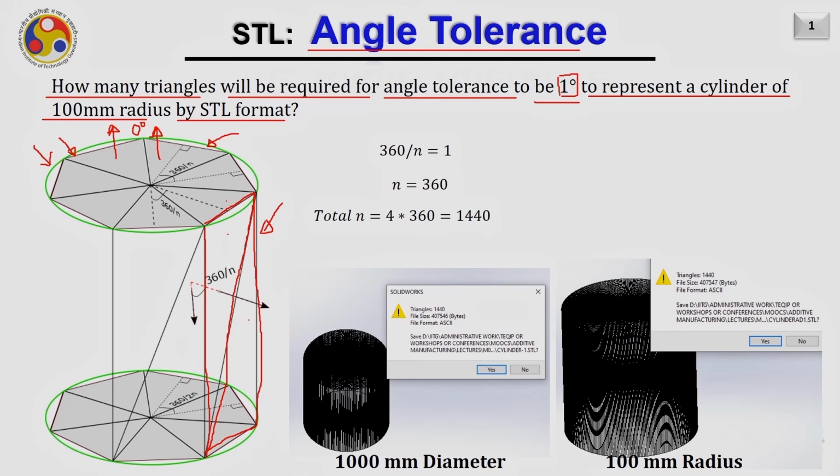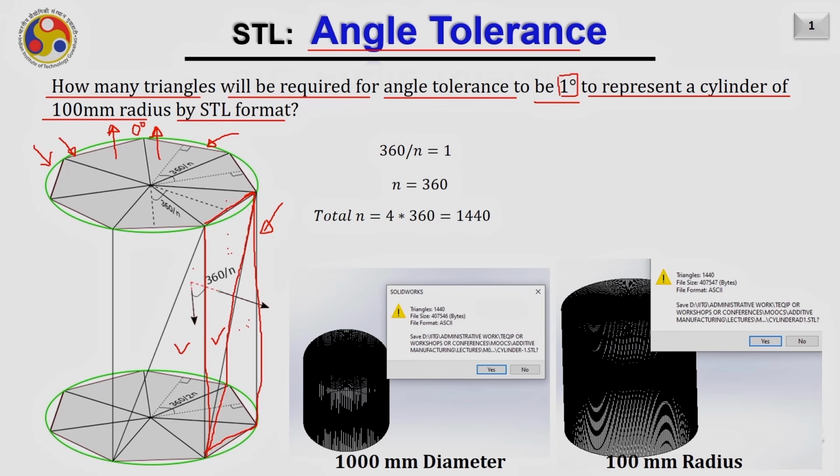Now let us find the angle between the two consecutive triangles. These two triangles will have 0 degree angle between them because the facet normal is the same. They form the same plane. But the angle between the facet normal of this triangle and this triangle will be different.